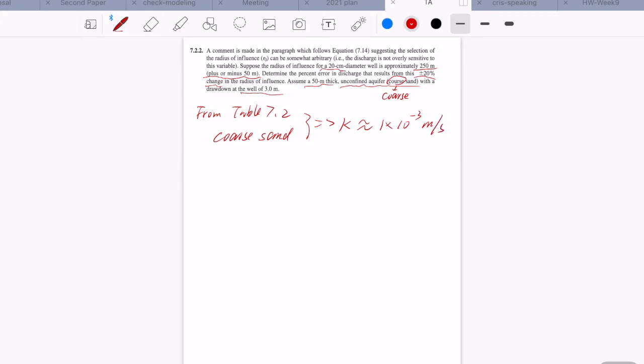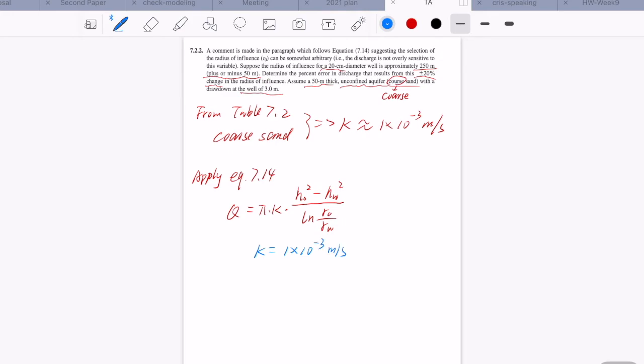And then we need to determine the discharge at different radii. So apply equation 7.14 in the textbook, and we know Q should be equal to pi times K times H0 squared minus HW to the power of 2, divided by the natural log of R0 divided by RW. K equals 1 times 10 to the power of -3 meters per second.